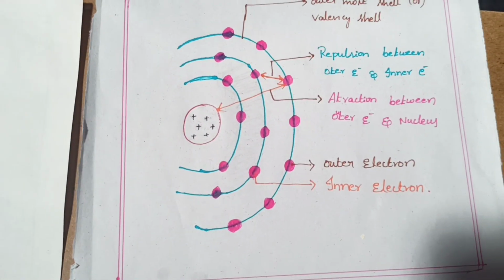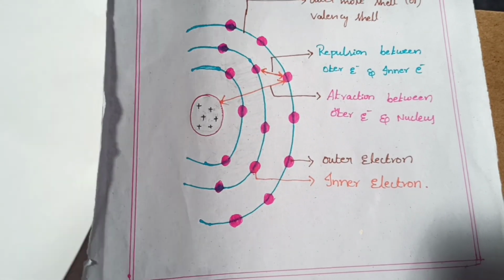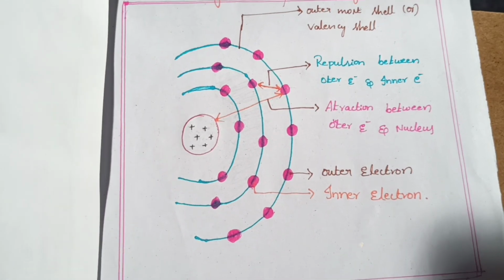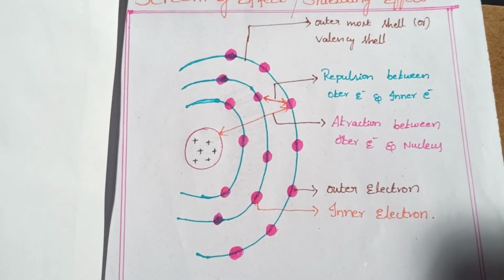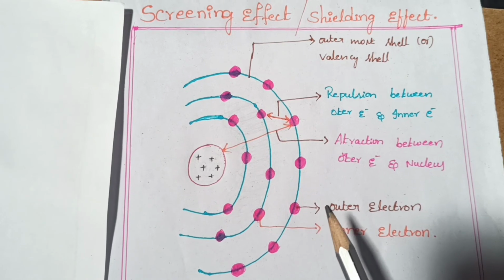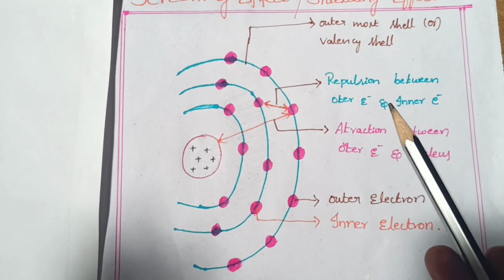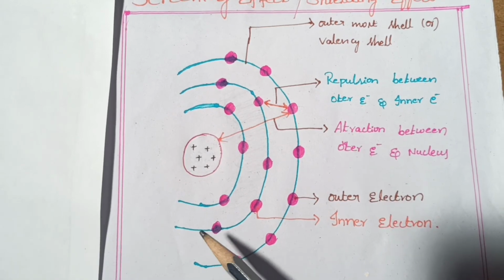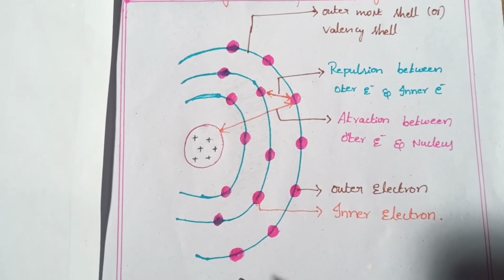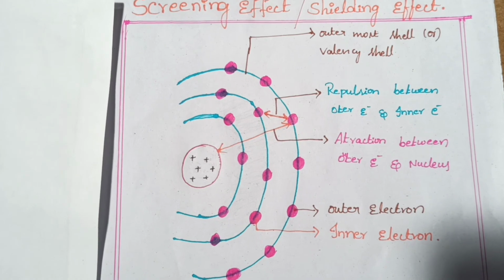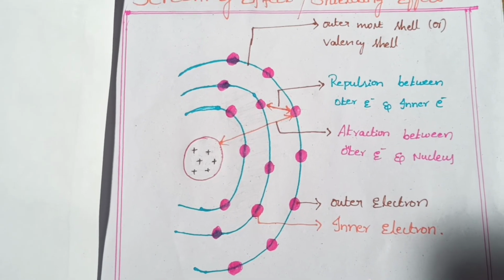Then what will happen? The more the number of electrons in the inner shell, the more is the screening effect. Then the less the attraction of the nucleus on the outermost orbit. This point is very, very important.